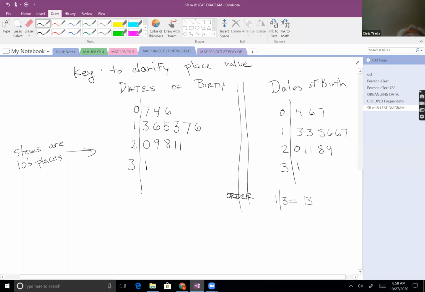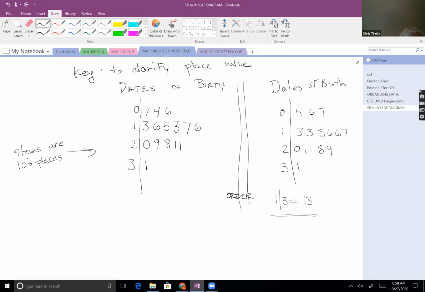Or if these were infection rates for the COVID virus, 1|3 might be something like the decimal 1.3, positive per 100 tests or something like that. And so do you see how, depending on what your data is, that key is important to tell you what it means.